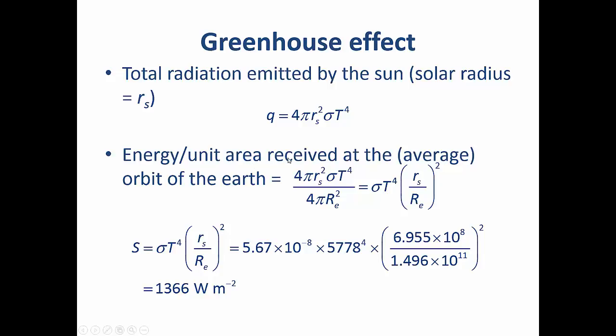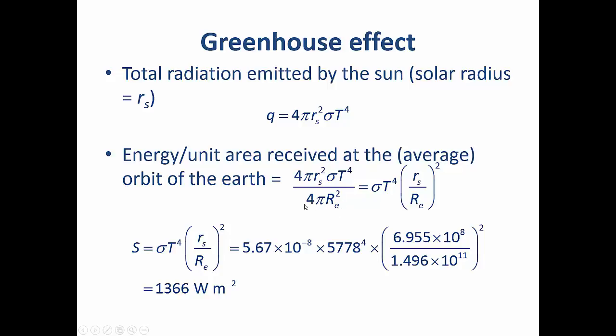Then the energy per unit area received at the average orbit of the Earth. I have to say the average orbit of the Earth because of course the Earth's orbit is actually elliptical. We're going to effectively treat it as a circle with some average radius capital RE. Then that average value is simply given by 4 pi rs squared sigma T to the fourth divided by 4 pi RE squared.